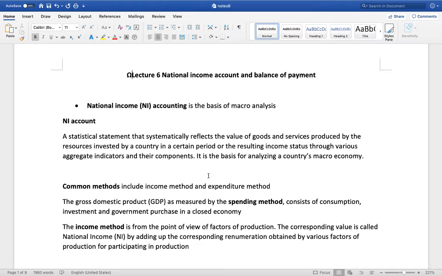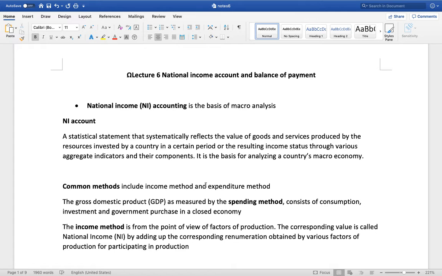The income method is from the point of view of factors of production. The corresponding value is called national income, by adding up the corresponding remuneration obtained by various factors of production for participating in production.